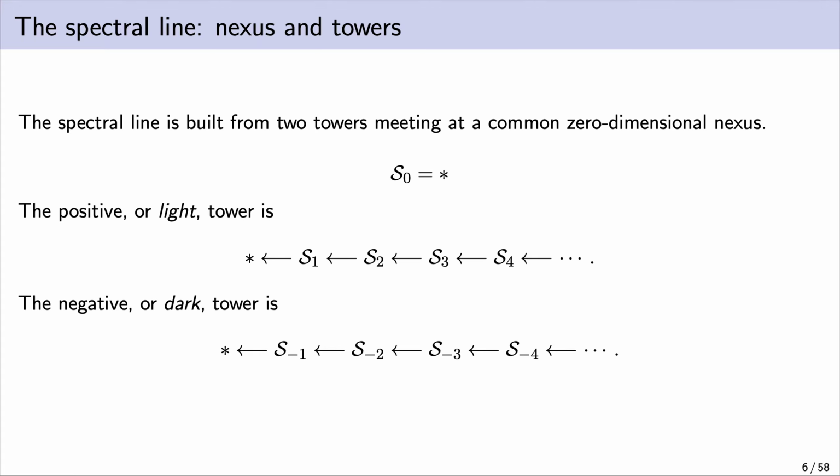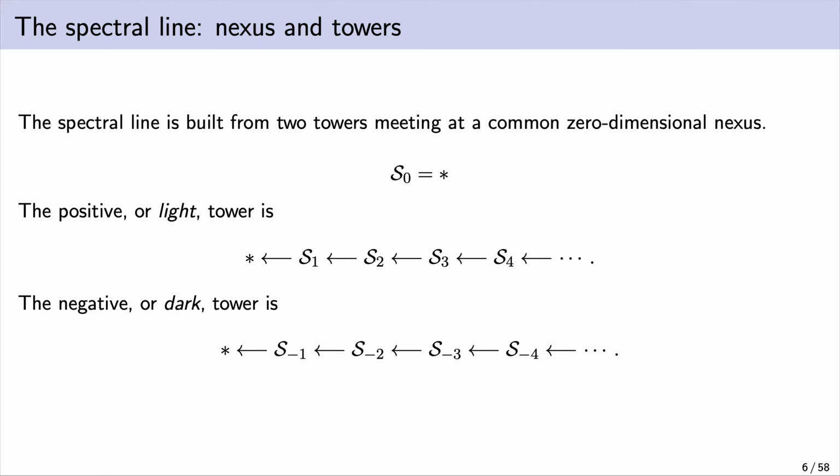Similarly, the negative or dark tower is the inverse limit where n is less than 0. And then they're to be glued along this S0 point to be completed.